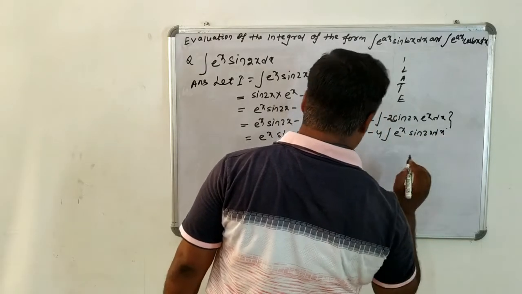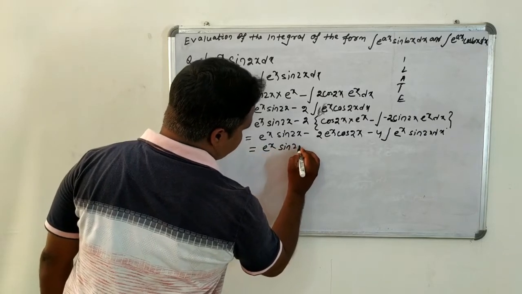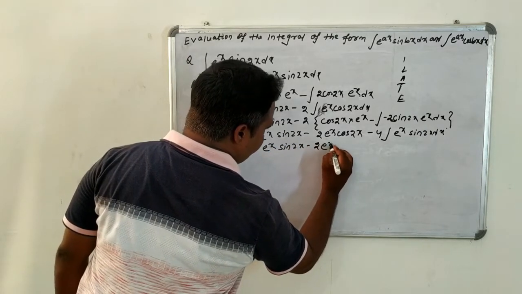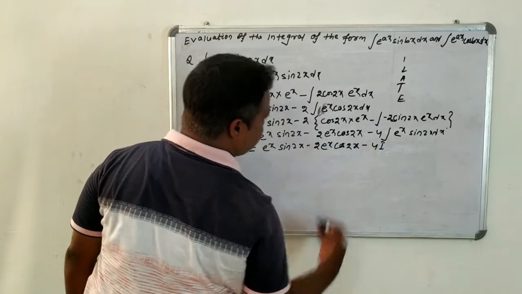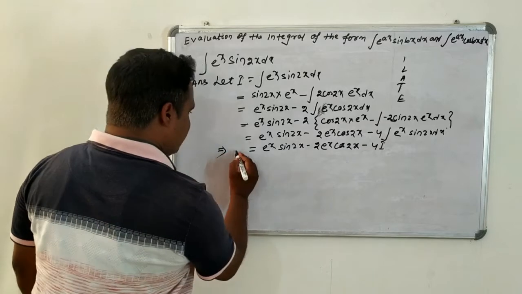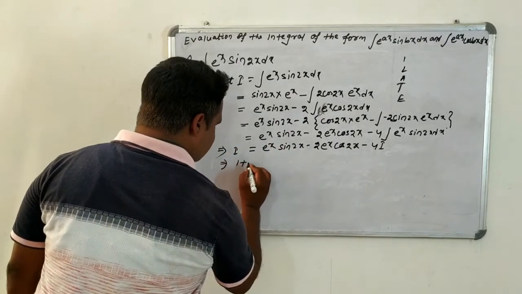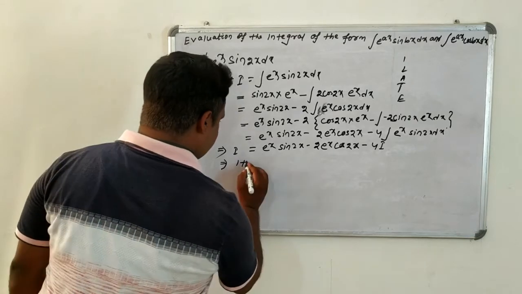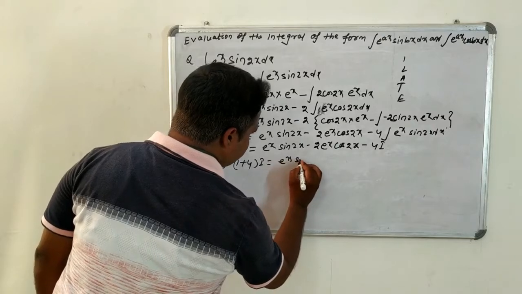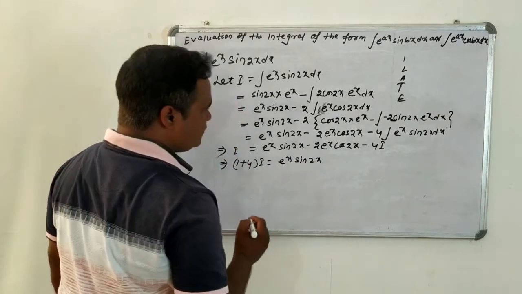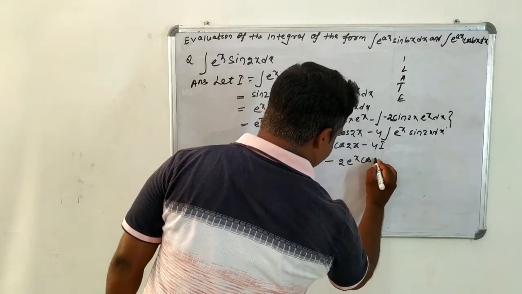This is the I. So this equals e^x sin 2x minus 2 e^x cos 2x minus 4I. This implies, on the left hand side, 1 plus 4, that is 5I, equals e^x sin 2x minus 2 e^x cos 2x.